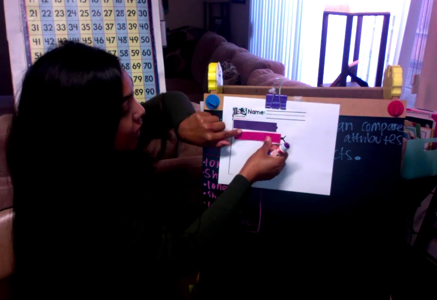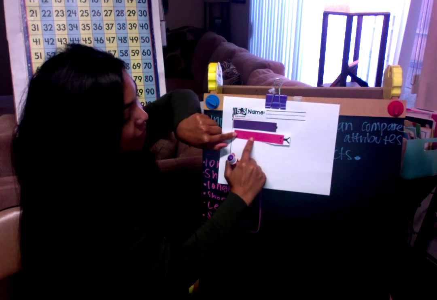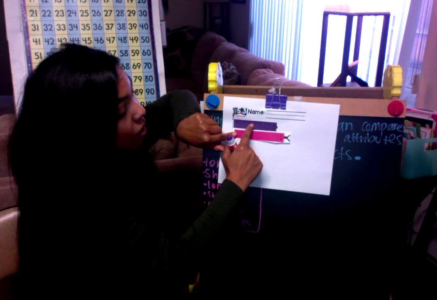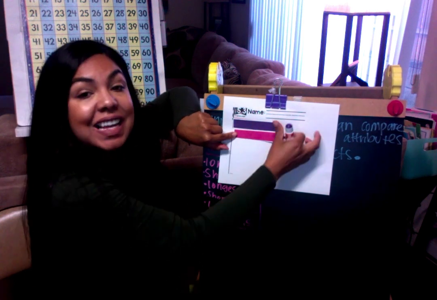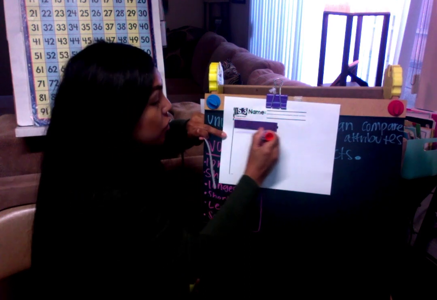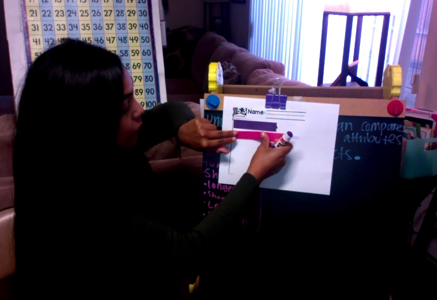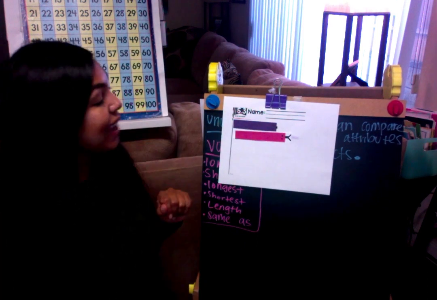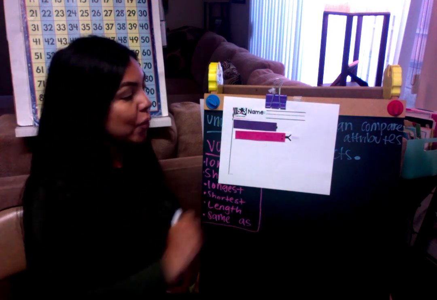Let's measure them together. If I put this one here, is the pink one longer than the purple? Yes, so I know that that one's next. So I'm going to go ahead and put glue under the purple guy. And here we go. I know that he's next because I know that he is longer than my purple one. Now let's look for the next one. The next one looks like, we said he was orange, right?